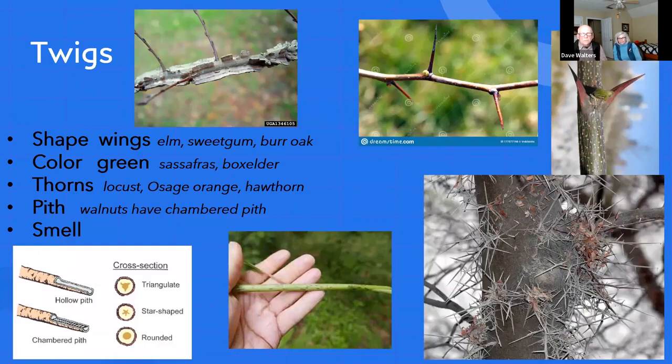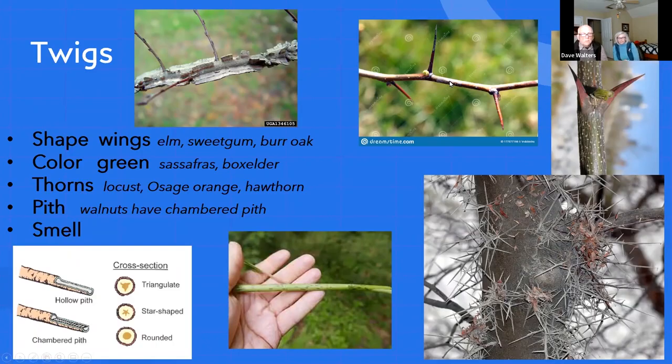And then the coolest one is in the top center. Hawthorns have long buds like sewing needles. And the coolest thing is they have thorns like that, and they have buds right at the base of them. Here's the bud right at the base of the thorn.